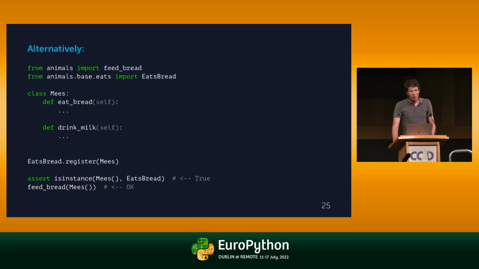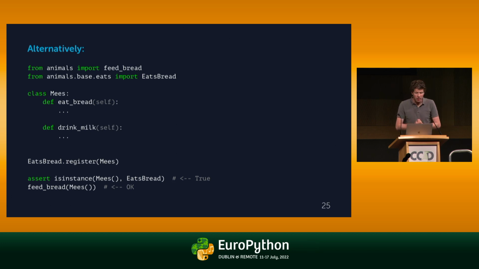Alternatively, if you don't really want to inherit from the base class, you can explicitly register your class as being a subclass of an abstract base class. So that's what I do here. I define the class Mace, which doesn't inherit from eats bread, but then I register Mace as a subclass of eats bread.